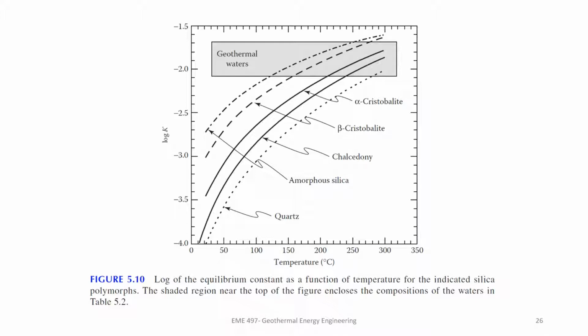As we said, the chemical composition of silica is silicon dioxide. However, silicon dioxide occurs in several different forms or polymorphs. The minerals alpha cristobalite, beta cristobalite, alpha quartz, beta quartz, and tridymite are some of the mineral forms that can occur in geothermal systems.